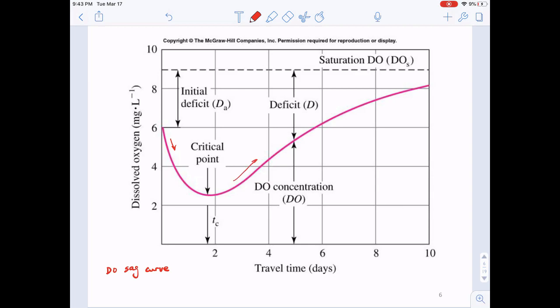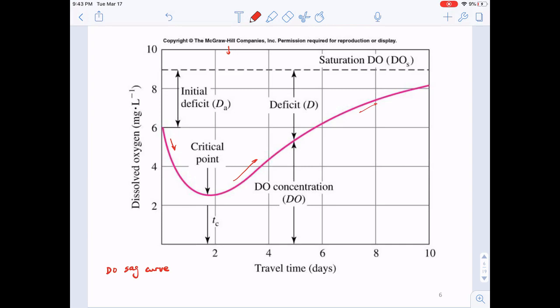Then the concentration comes back again, because of the aeration, where oxygen gets dissolved in the water, and also the photosynthesis by plants or planktons in the water. The oxygen concentration comes up also because the organics are being consumed, and the deoxygenation rate becomes smaller compared to the aeration rate. So this creates this type of curve, and we call this the DO sag curve, okay?